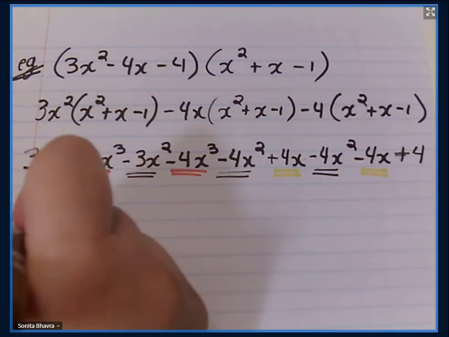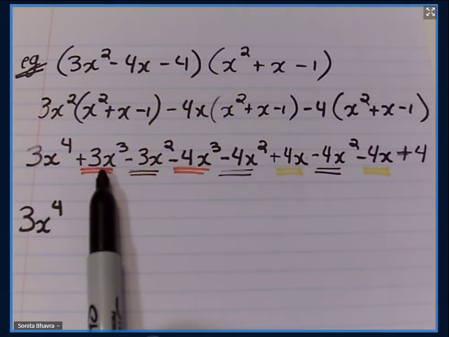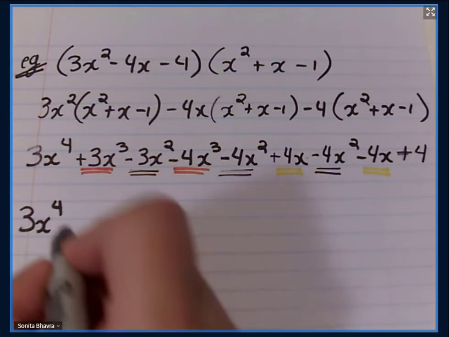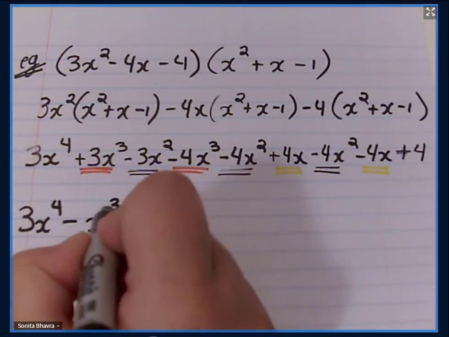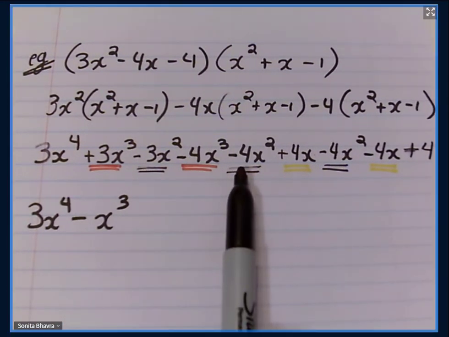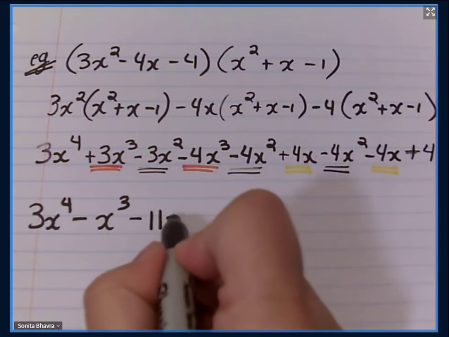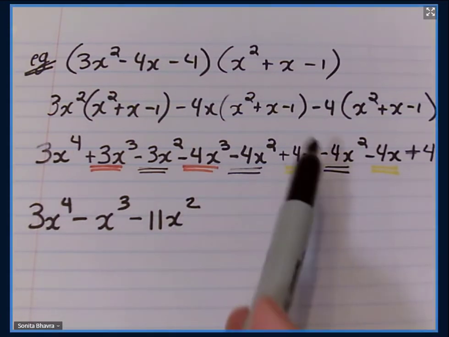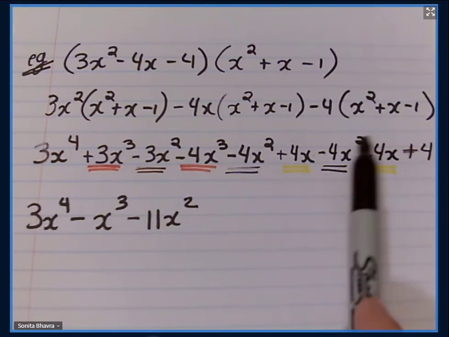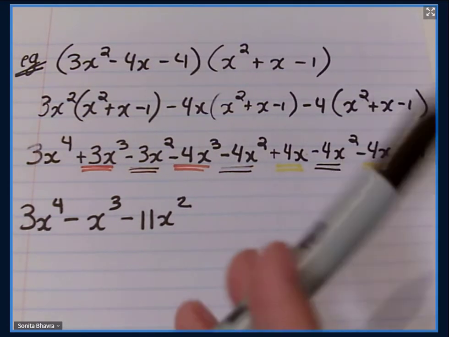So 3x to the power of 4, and then 3x to the power of 3 and negative 4x to the power of 3. So 3 minus 4, that just leaves me with negative x to the power of 3. And then we have negative 3, a negative 4, and a negative 4. That gives me negative 11x squared. Then we have our positive 4x minus 4x. 4 minus 4, that's 0. And the last term we have is just a plus 4.